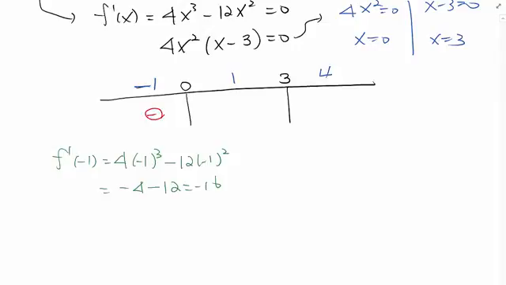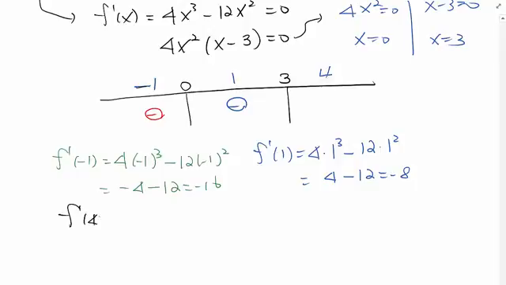Okay, now f prime of 1, which means 4 times 1 cubed minus 12 times 1 squared, which is 4 minus 12. Oh, this is negative 8. So another negative here. Now f prime of 4, which is 4 times 4 cubed minus 12 times 4 squared, which means 4 times 64 minus 12 times 16.